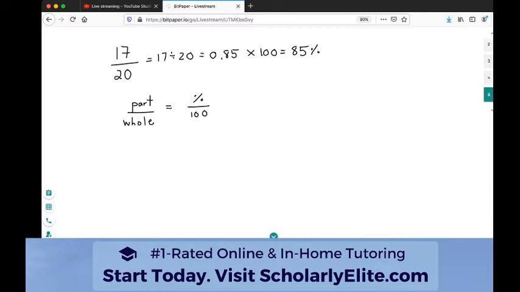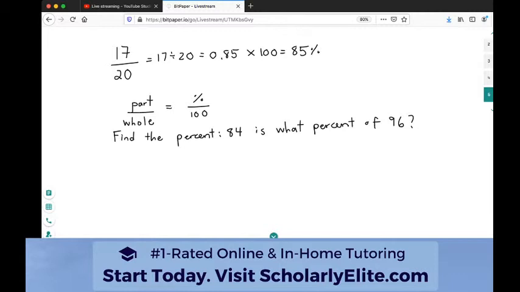So if I said to you, find the percent: 84 is what percent of 96? Well, again, this is one of those problems, just like how you would solve your test mark.